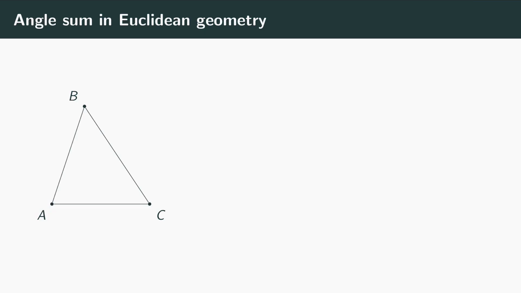So we're given a triangle ABC. And of course, in the triangle, we have three angles. I'm going to call them maybe the purple angle with one tick mark, and the purple angle with two tick marks. And so we have these three angles.